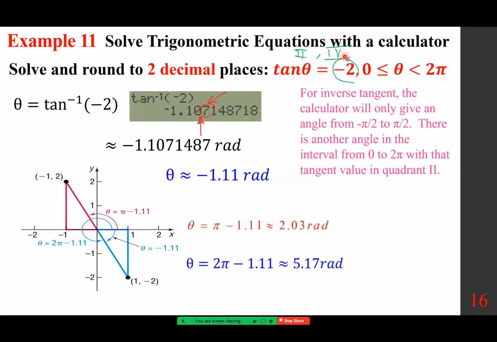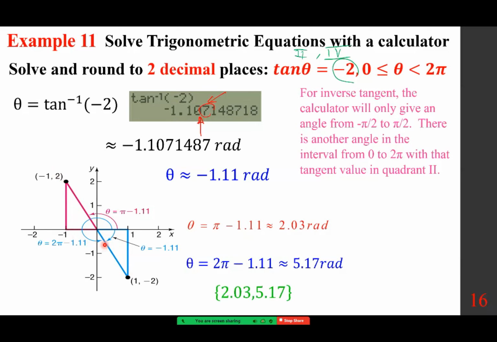So take a look. This is what the calculator, the inverse tangent function gave us, which is a negative angle. There is nothing wrong with that. However, the question is asking us from 0 to 2 pi. So all you have to do, add a pi, you get one of it in the second quadrant. And if you add 2 pi, you get the second one in the fourth quadrant.